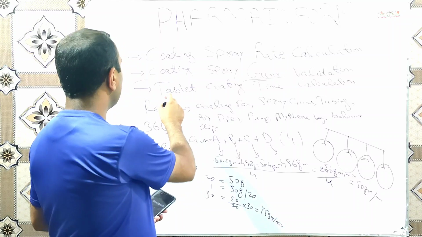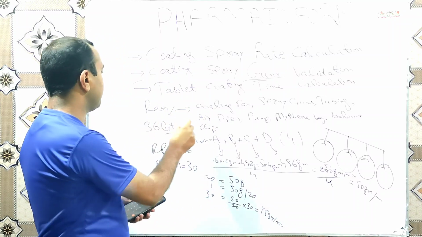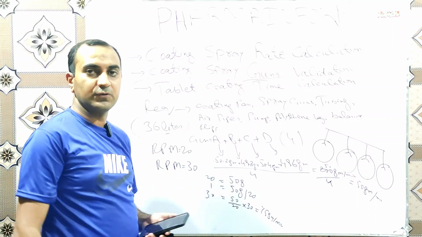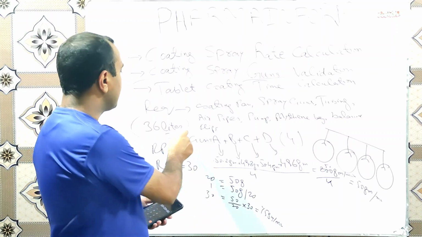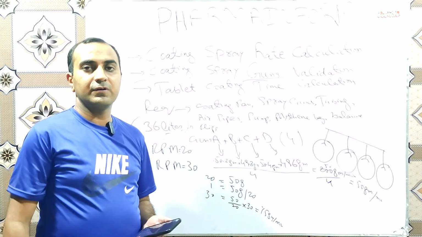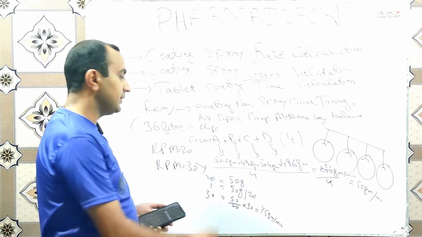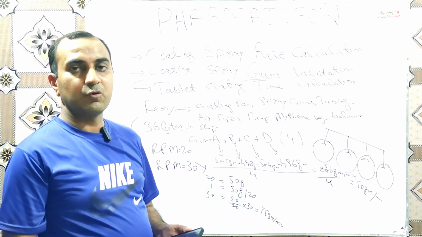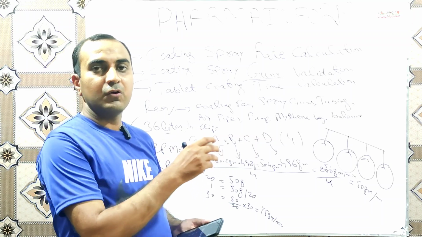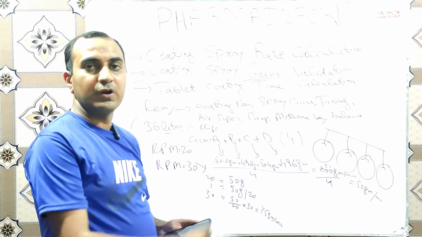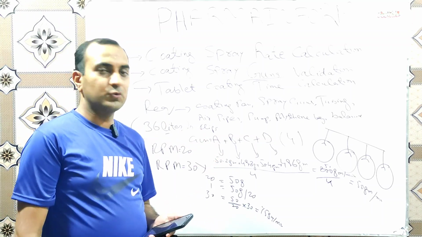For that, suppose we have a coating solution of 36 liters or kg, and we want to operate our coating spray rate at an RPM of 30. So what will be the time required for this suspension to finish?